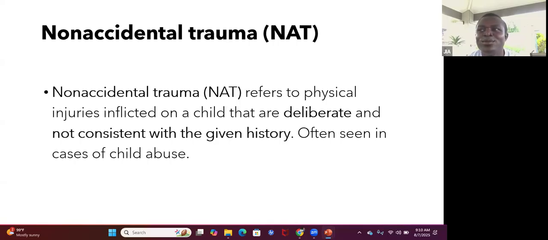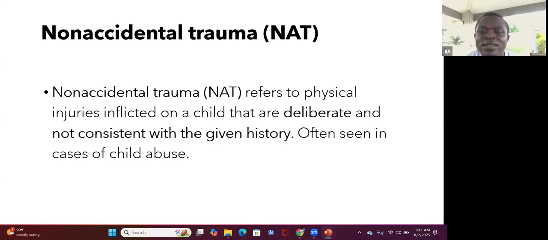Non-accidental trauma. So when you hear of this, just look at how the word is. Accidents are unforeseen circumstances, they are not deliberate, right? So when we say non-accidental trauma, what we mean is any physical injury that is being inflicted on a child deliberately, and they are not consistent with the history most of the times they give during hospitalization, or during admission.